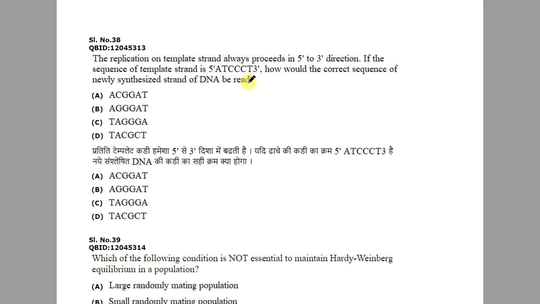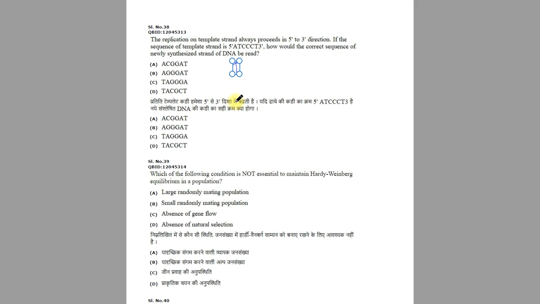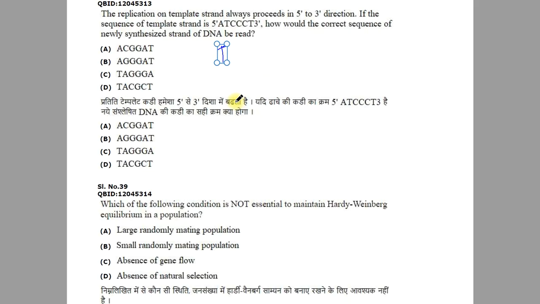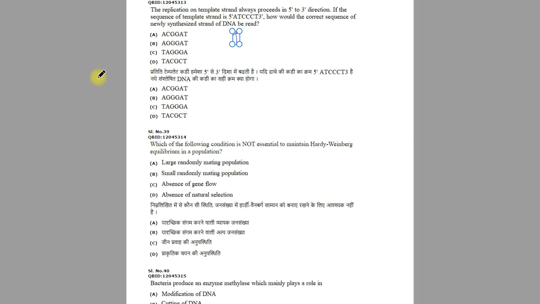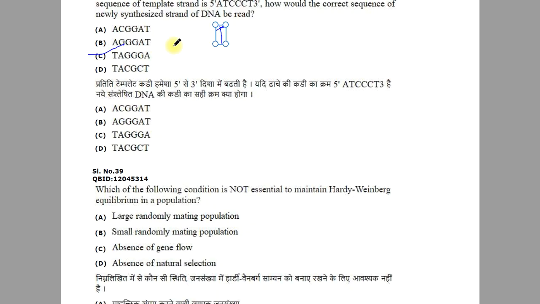When A is replicated, there is T. When T replicates, corresponding to it there is A. So the sequence corresponding to A, T, C, C, C, T is the sequence in option C, which is C, T, A, G, G, G, A. So option C is correct.